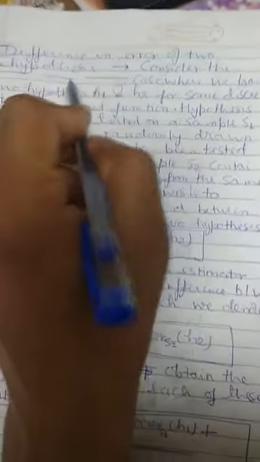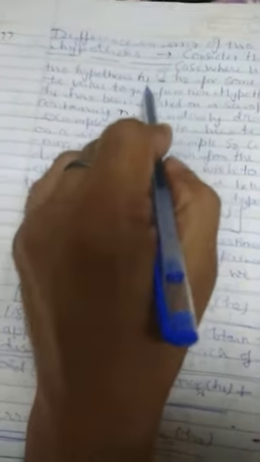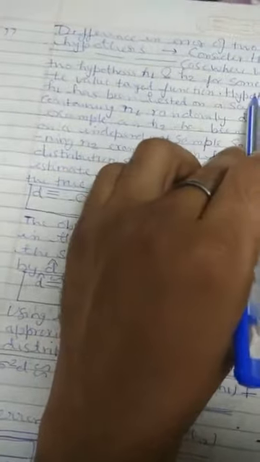Now let us take the difference in error of two hypotheses. Suppose we consider the case where we have two hypotheses H1 and H2 for some discrete valued target functions.